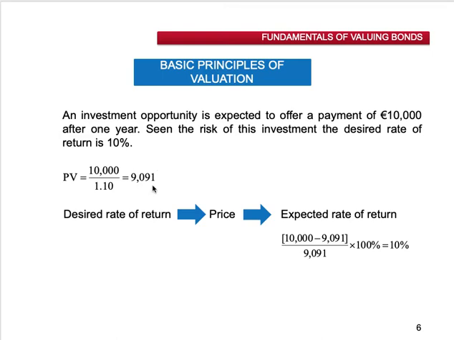Because I know that once I own the bond, the underlying organization that has issued the bond is going to pay out its face value at the end of the year. So by paying you 9,091 and me receiving 10,000 after 1 year will give me exactly the yield to maturity that I require for investing in this particular market.